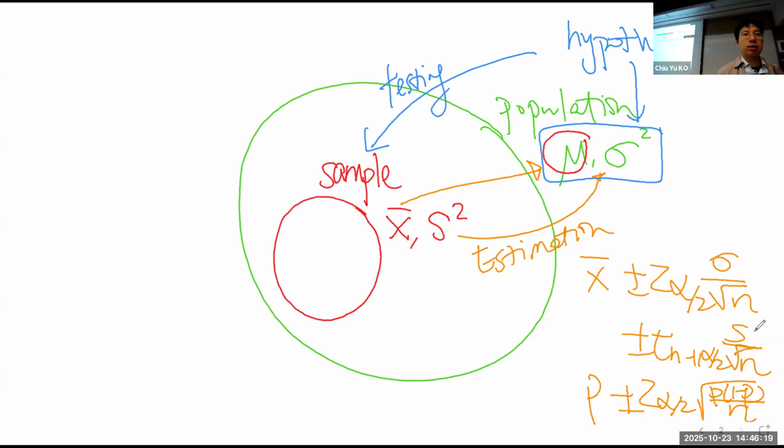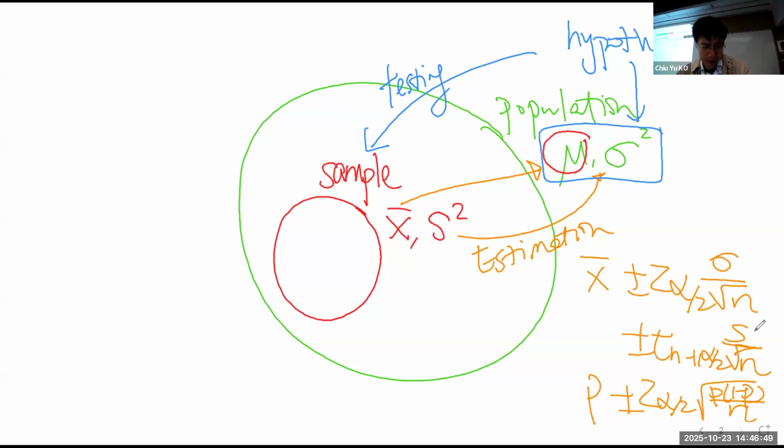Let me repeat. Hypothesis testing starts with some idea about the mu and sigma square, and we want to see whether the data is supporting the hypothesis. You might ask where the hypothesis comes from. It can come from past estimation, or from a claim by, say, the firm or an outsider.